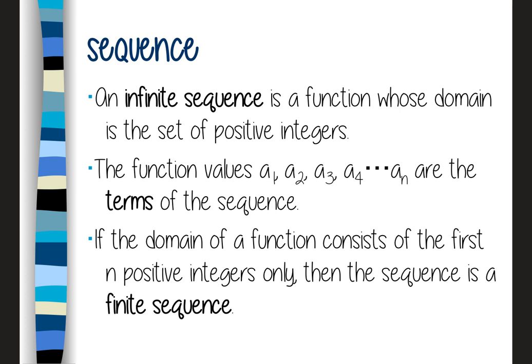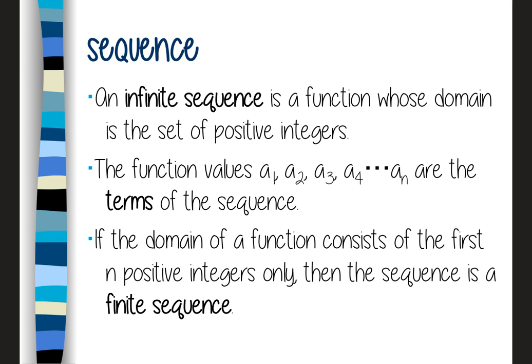So a sequence, it says an infinite sequence is a function whose domain is the set of positive integers. So infinite means it doesn't end. And when it says positive integers, it means the number on the base of these. So A1 is the term in the first spot.